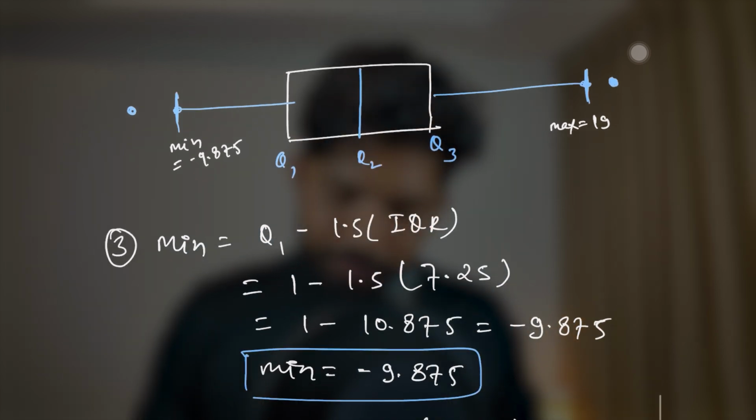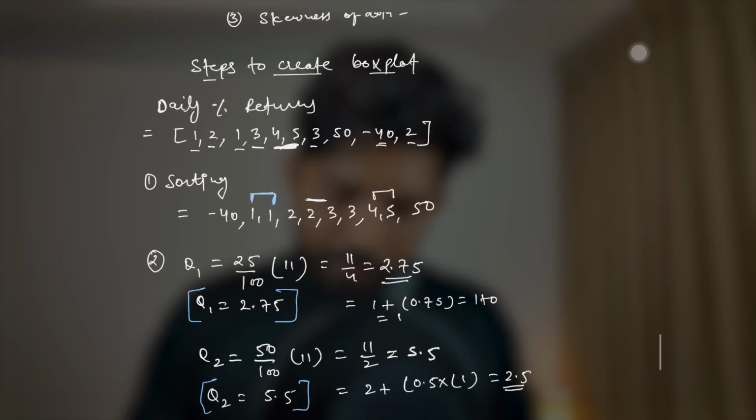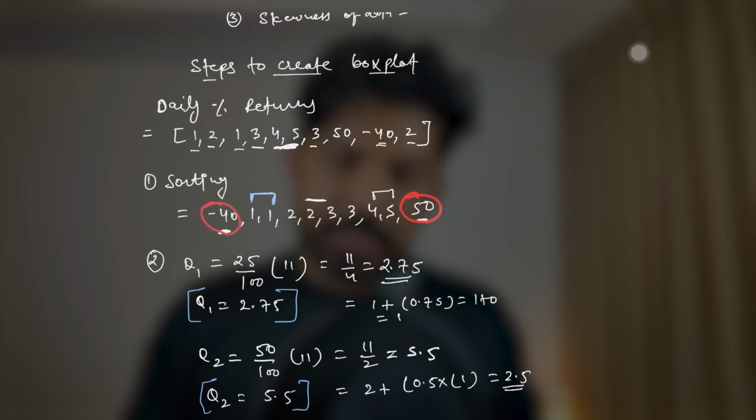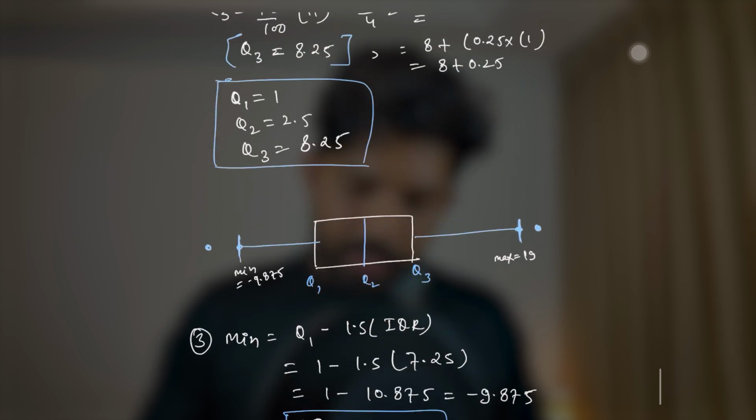Means here in our original data, the 40 and the 50, the last ones, these are outliers, right? And we can represent them with the help of whiskers, right? So here are the outliers, minus 40 and positive 50 here. So this is the box plot we can draw.